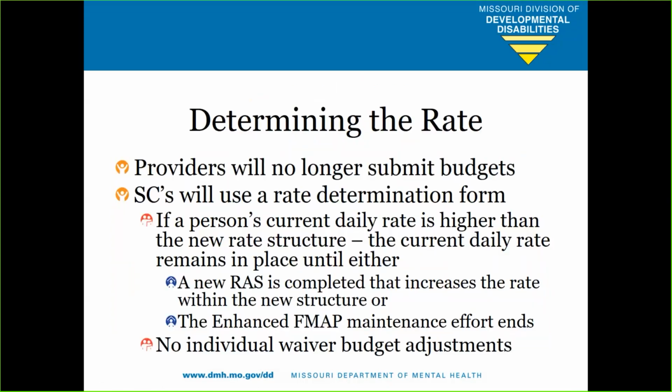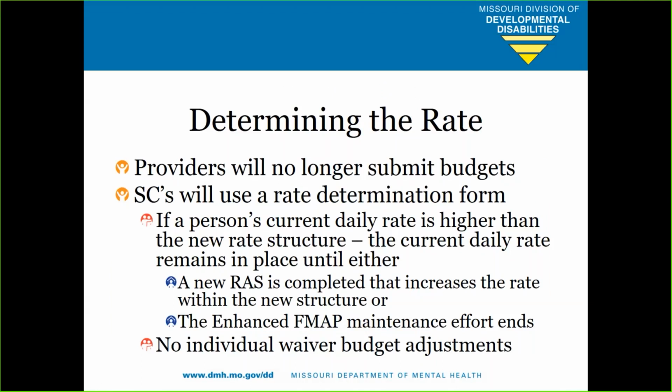Determining the rates. Lots of simplification here. Providers are no longer going to submit budgets once CMS approves this. The support coordinator will use a rate determination form, and that form is going to tell them exactly what to authorize by entering 2 pieces of information. So that's going to be really simple.